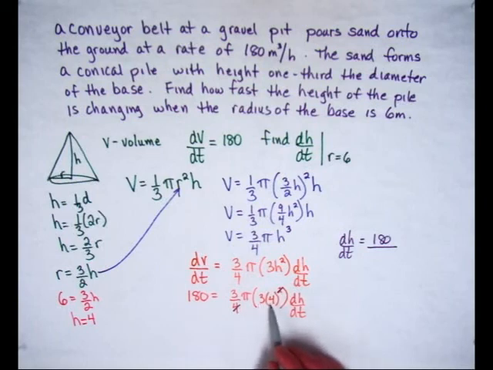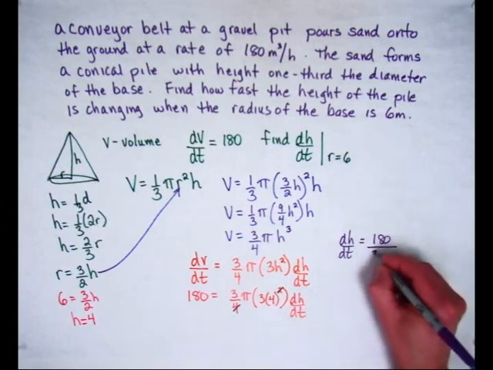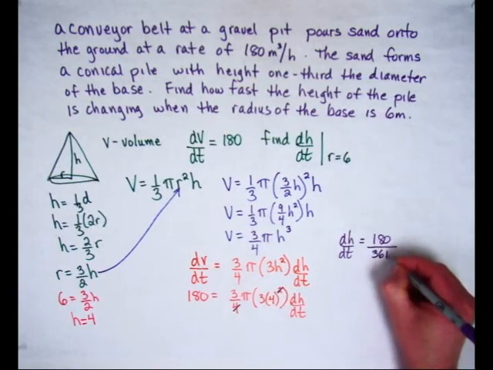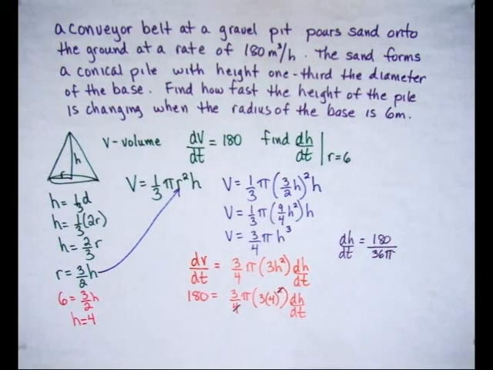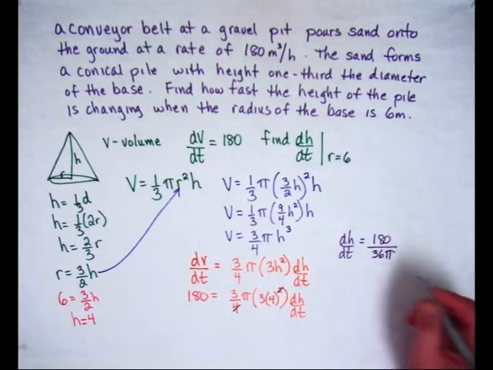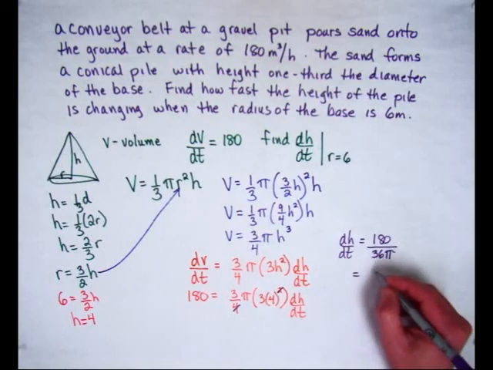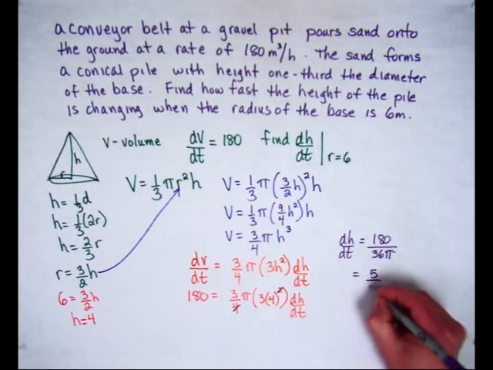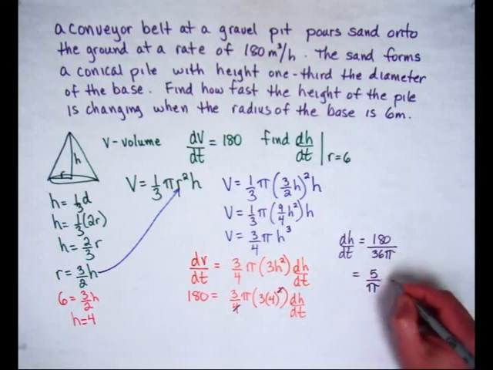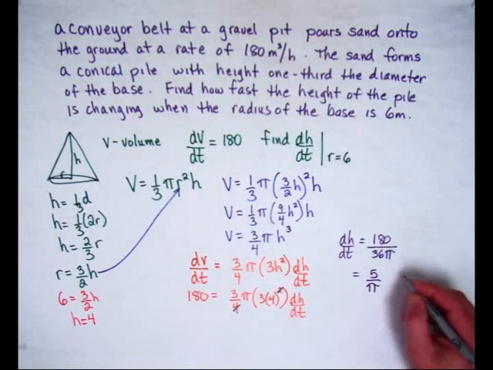So 9 times 4, so 36 pi. So we end up with 180 divided by 36 pi, which we can reduce. 36 goes into 180 5 times, so we end up with 5 over pi.